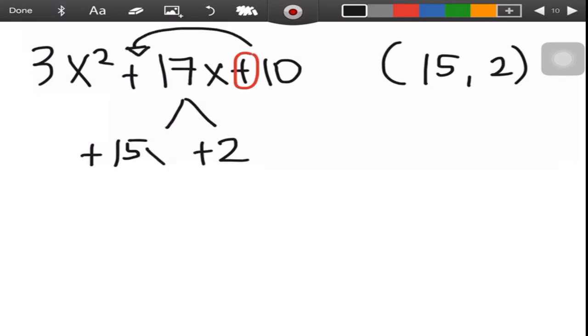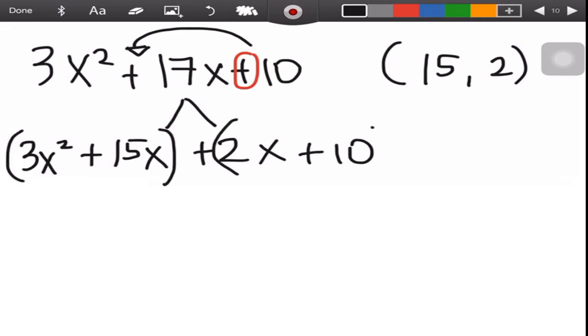And then copy the variable of the middle term. Next, copy the first term and the last term. And then we will group the first and the second, third, and the fourth. Actually, you can regroup them with a different pair, but we will just stick with the first and second and then third and fourth so that you will not be confused.